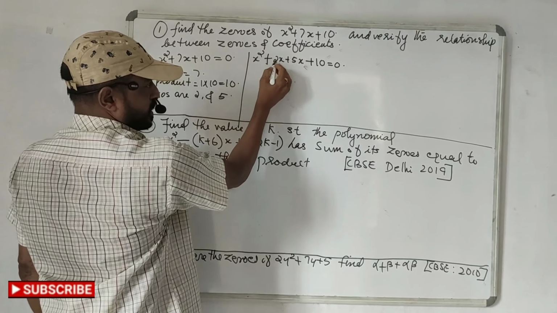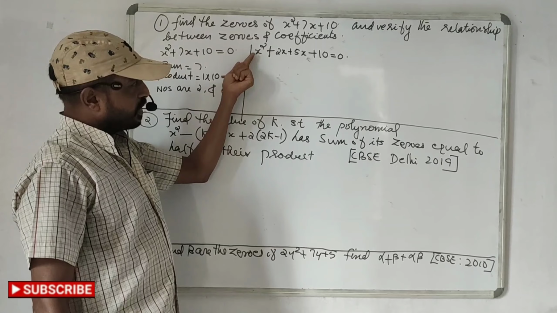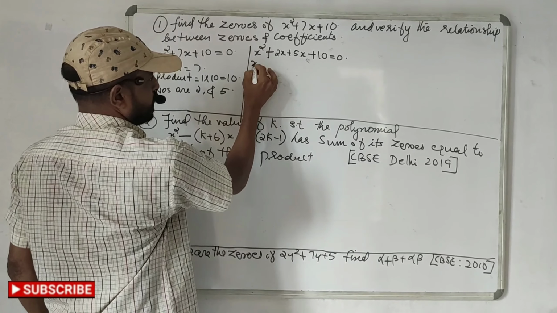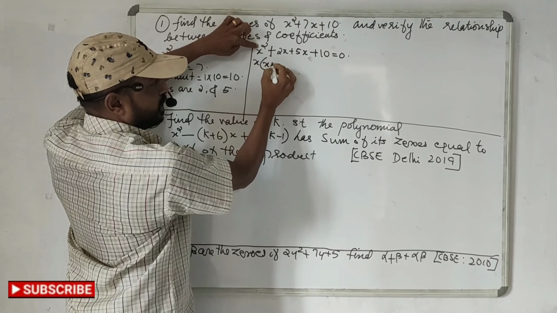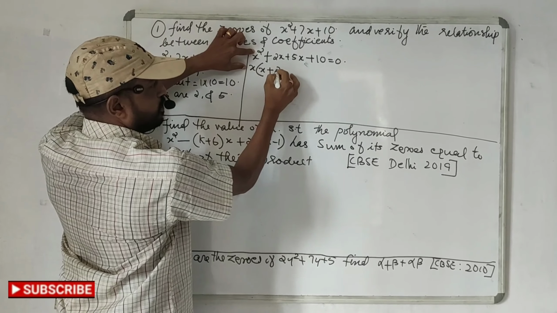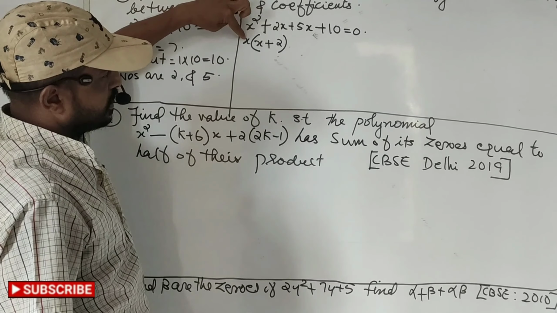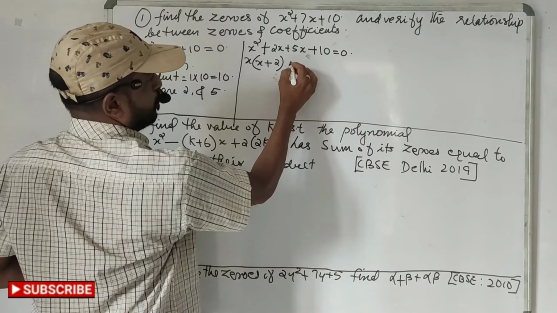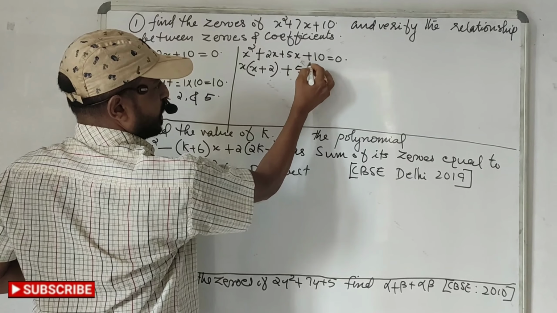From the first two terms we can take x outside: x into x plus 2. x into x is x square, x into 2 is 2x. Plus 5x plus 10. From these two terms, 5 can be taken out.